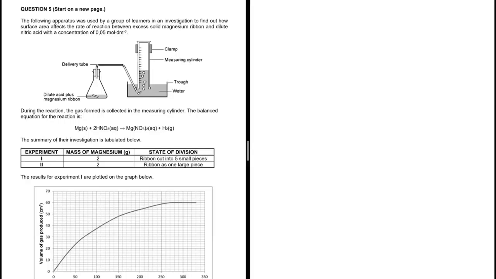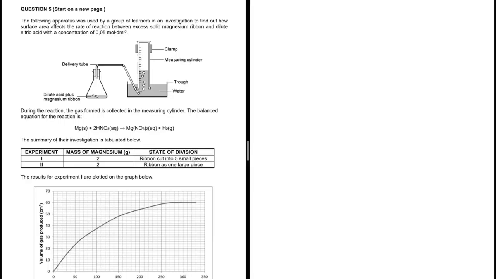And then the Vm, it is given to us as 24. Okay, so let's take a look. 60 times 10 to the minus 3 divided by 24. This is 0.0025 moles. So this is the number of moles of the gas produced, hydrogen gas.